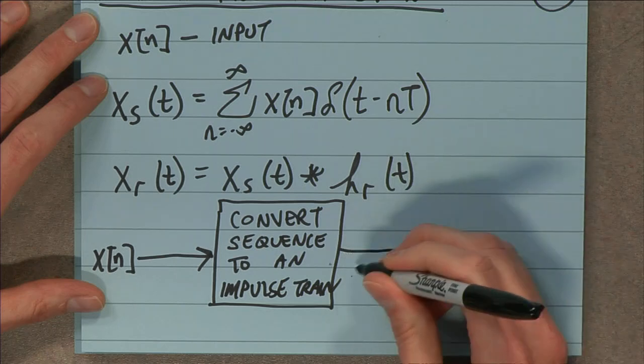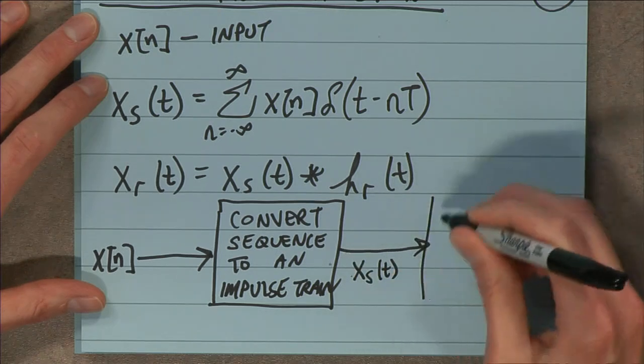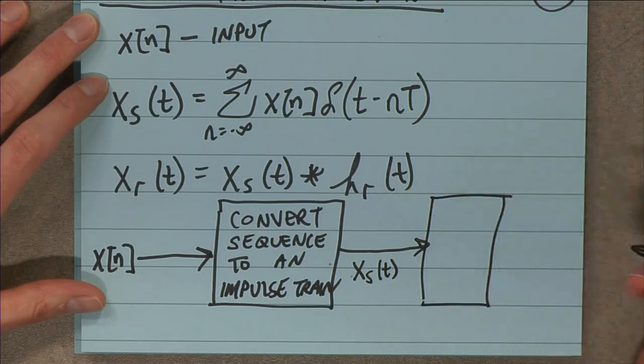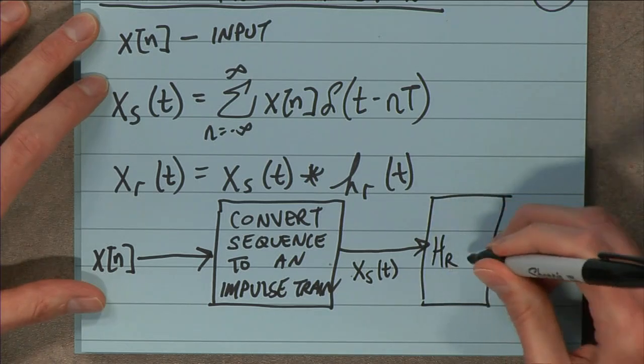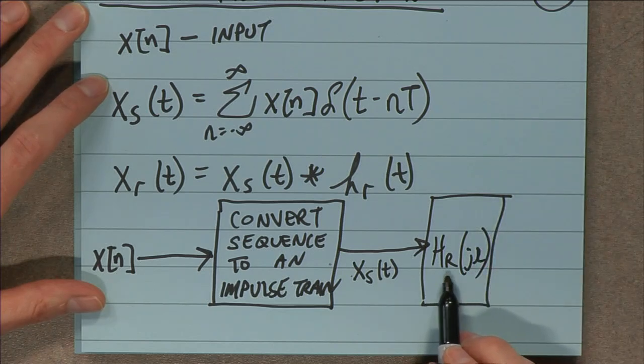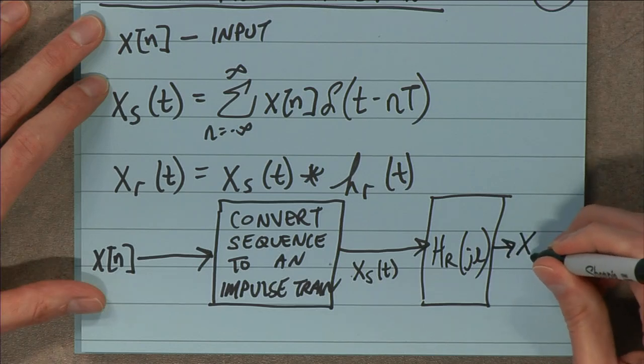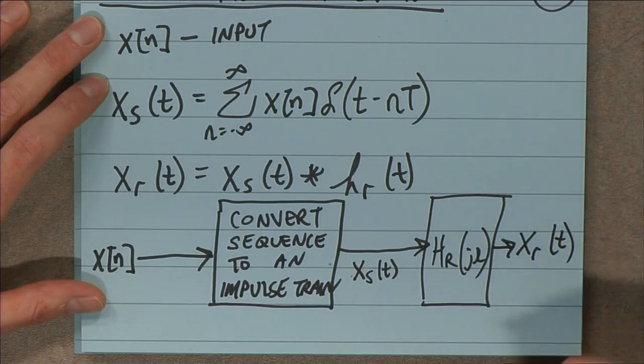So that ended up giving us what? x_s(t). And then we're just going to apply our reconstruction filter, our H_r(j omega), and it gets us out our reconstructed x_r(t).